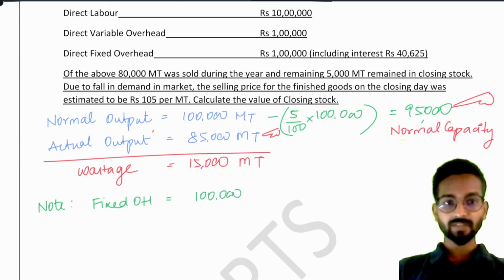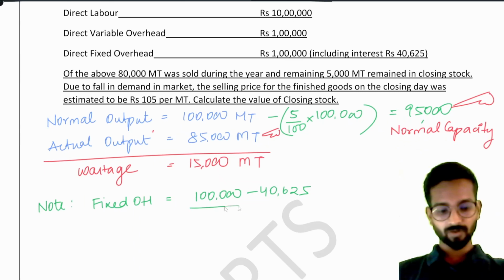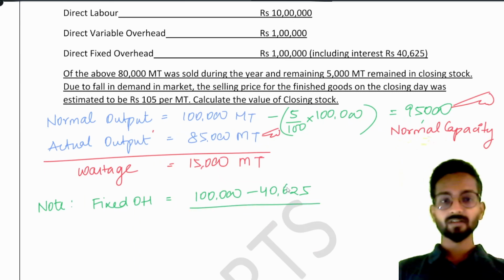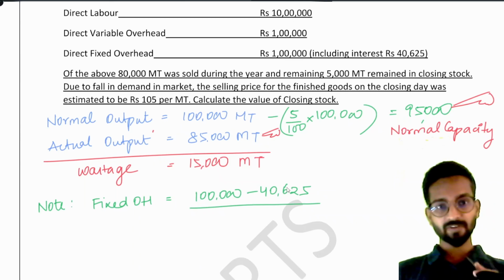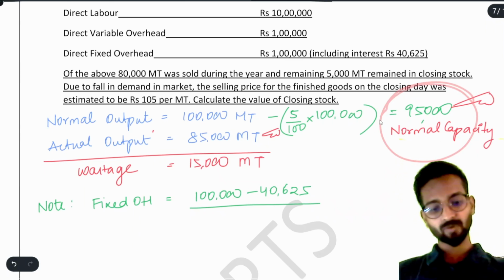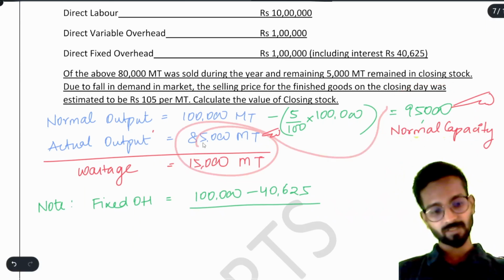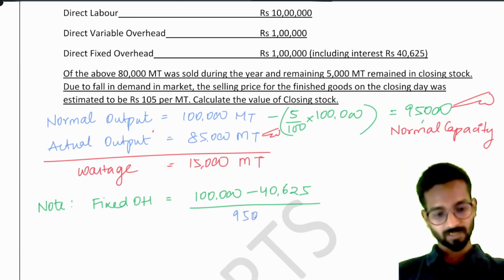Correct. Out of that 40,625 is interest, so we have to exclude it. Now if I divide it by, with what I have to divide it? Normal capacity or actual output, whichever is higher. Which one is higher? 95,000 is normal, 85,000 is my actual output. So whichever is higher, 95,000 is higher.